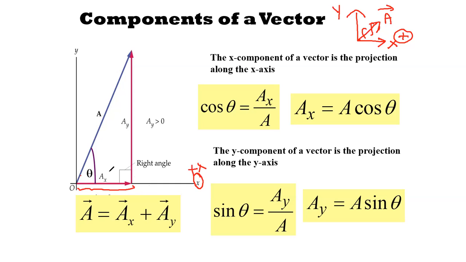This length we call AX. Don't worry about this too much, because this is the vector, I just set this length. But if I look at this arrow, this is AX. Again, if I project this into the y direction, you would see something like this.